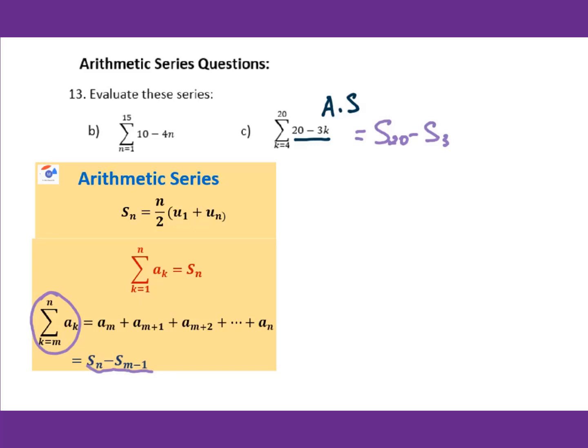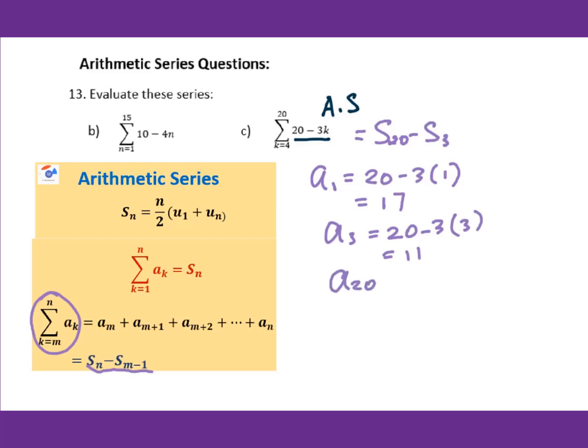So we need to figure out a sub 1: 20 minus 3 times 1, that's 17. A sub 3 equals 20 minus 3 times 3, that's 11. A sub 20 equals 20 minus 3 times 20, which equals negative 40.